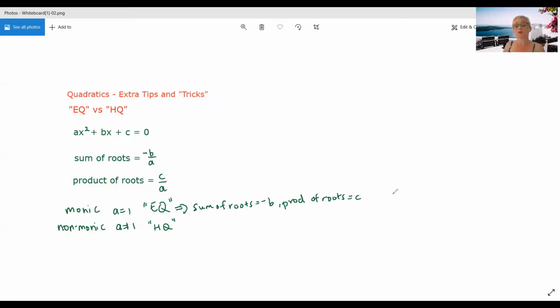So when we have our equation, x squared plus bx plus c equals 0, what we've actually got is x squared minus the sum times x plus the product equals 0.